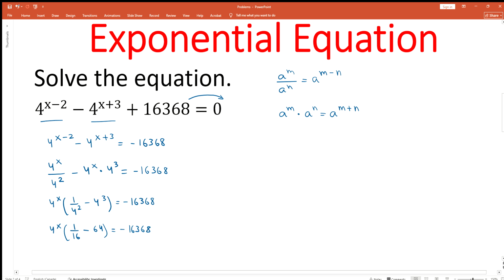Next, we should subtract the terms 1 over 16 and 64. We can do that by finding a common denominator. The denominator of 64 is 1. The common denominator is 16, so we should multiply 64 over 1 by 16 in the numerator and denominator. Sixty-four times 16 is 1024 over 16.